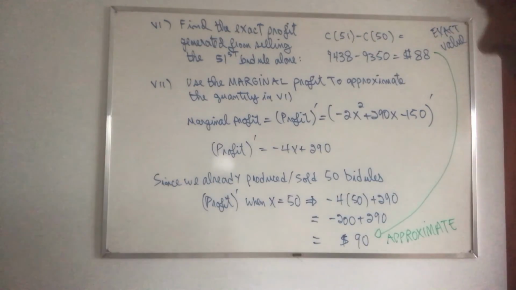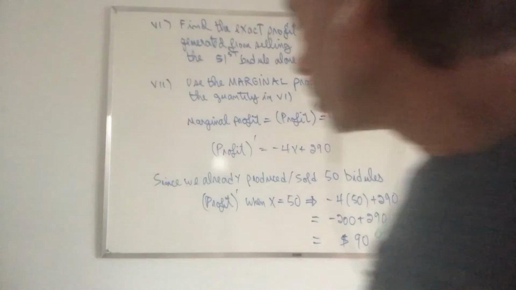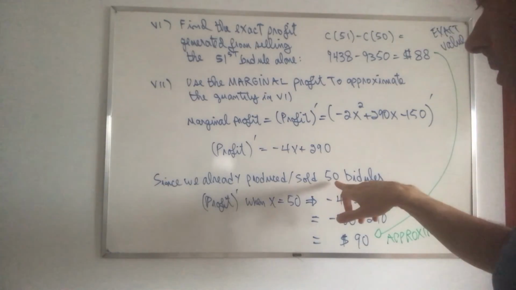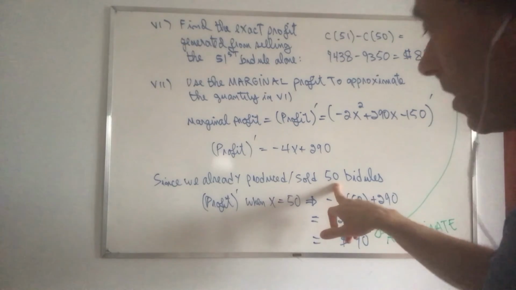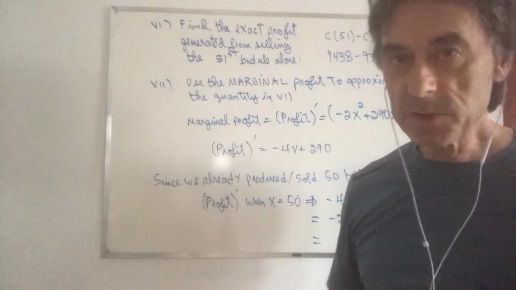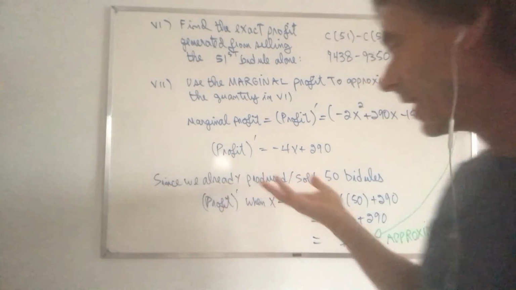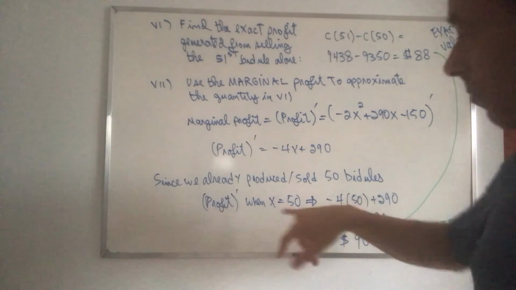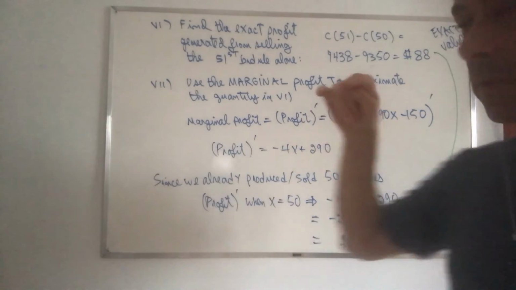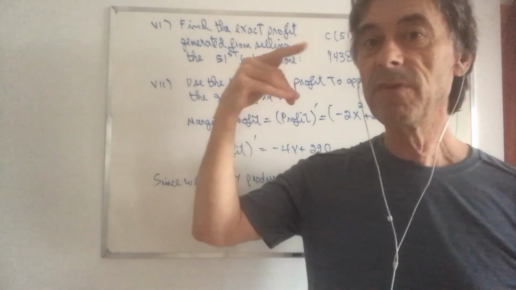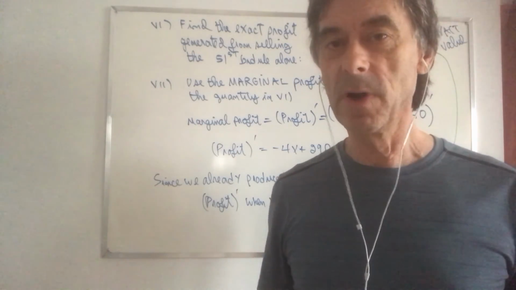So remember, when you're doing marginal analysis, you put in the number of things that you have already produced in order to figure out the cost of the next one, of the 51st one in that case. So you don't want to put in x is equal to 51 in there, because that would give you the cost of producing the 52nd item, which is not what we want.